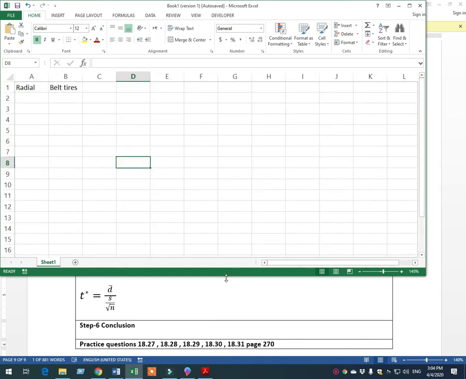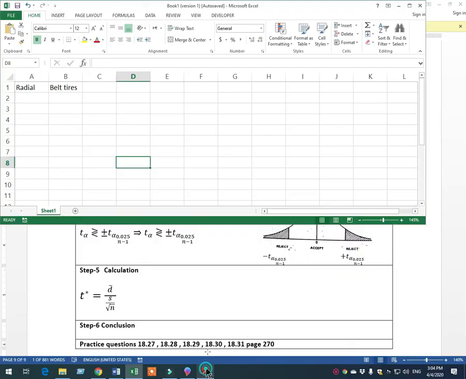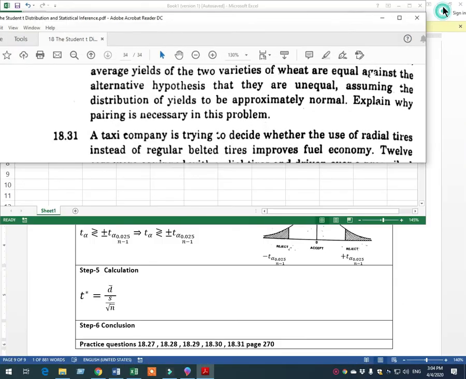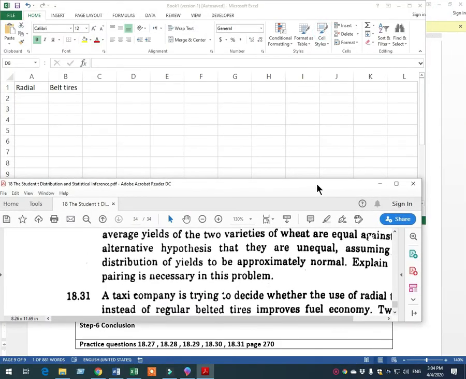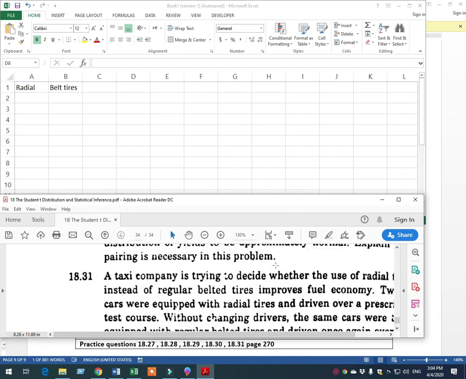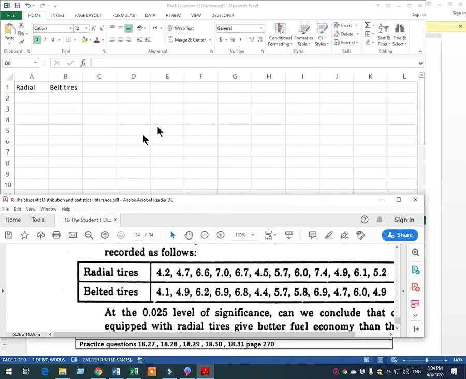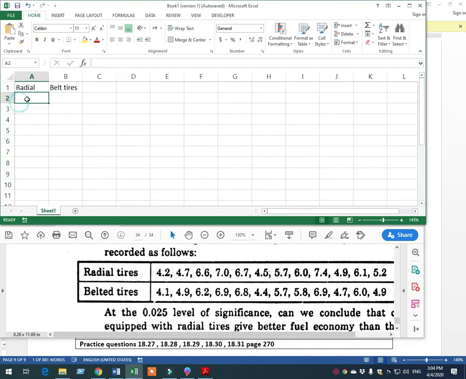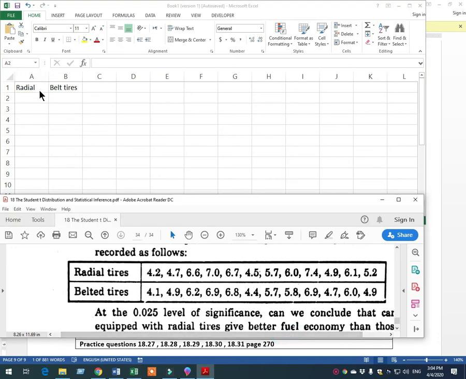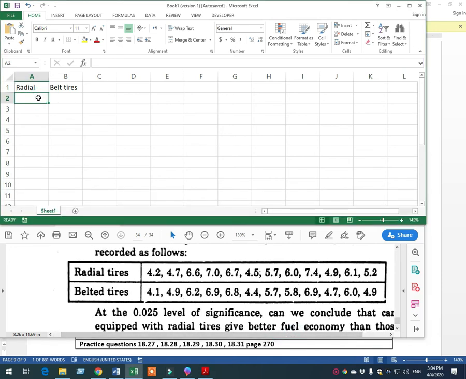I will be taking the values from the table. So these are the values. Here I am taking the values from the radial tires column. It should be a very clear calculation. Let me put in all the values here.